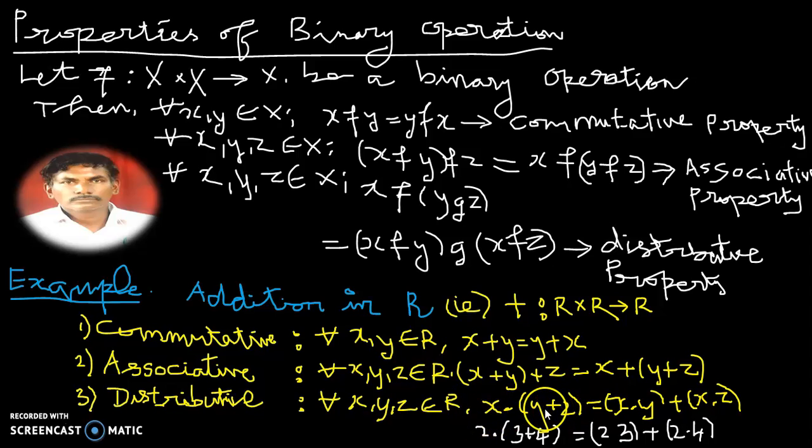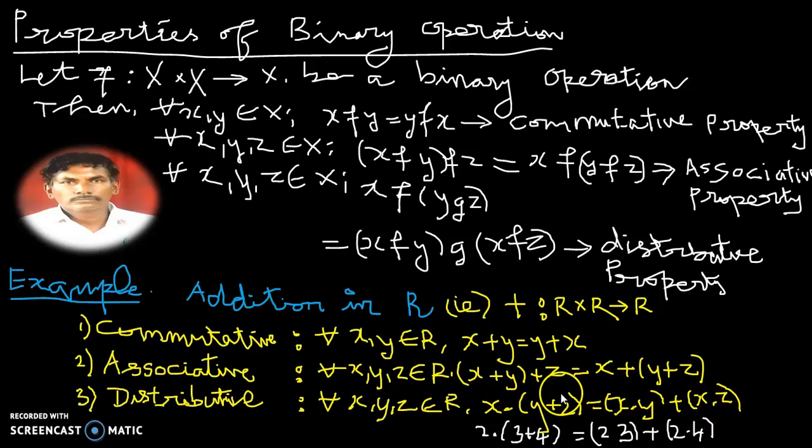If that is the case, x multiplied by y plus z would be equal to x multiplied by y plus x multiplied by z. This is true in the set of real numbers. X is distributed over y and z, and we are getting this.